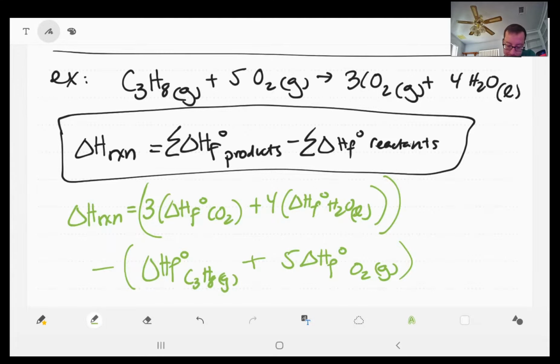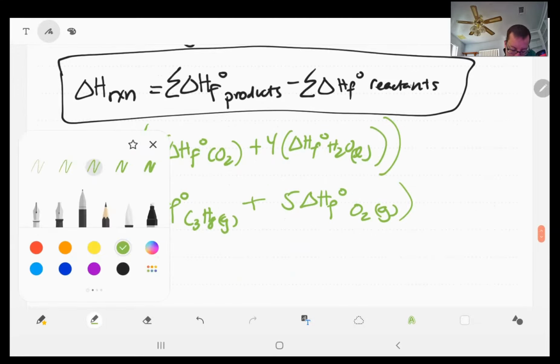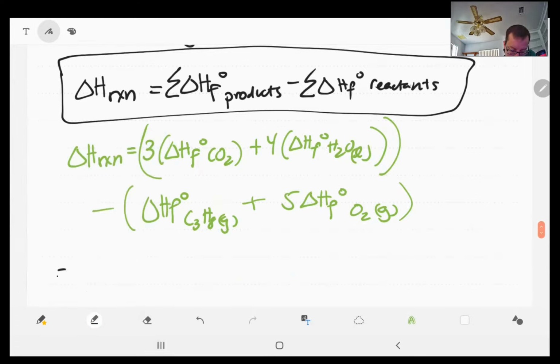So, if we look up these values, we have CO2, carbon dioxide. Again, I would expect you to use the web page. Actually, fine, I'll show you how. Here we go, web page again.